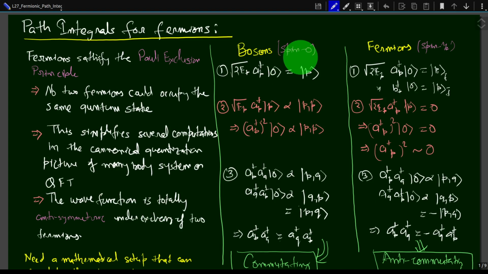For boson, which is spin 0, the scalar case, and fermions, where I'm considering spin half, what we know is that the one particle state for the boson is given by the square root of 2 E_p times a_p dagger acting on the vacuum, which gives me the one particle state. Similarly, for fermions, we have that same definition. For fermions, a particle is generated by a dagger and an anti-fermion generated by b dagger.